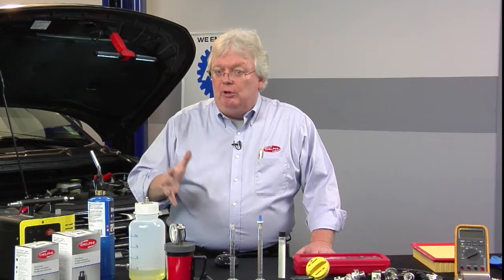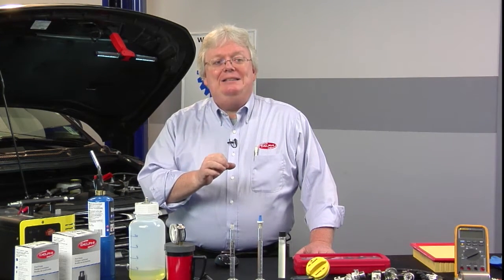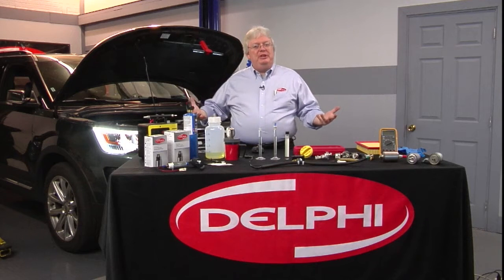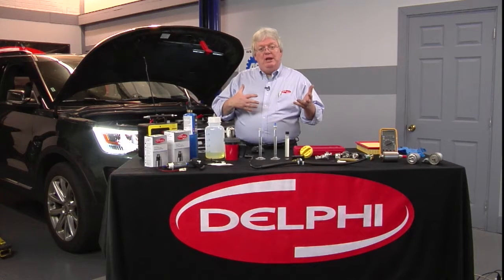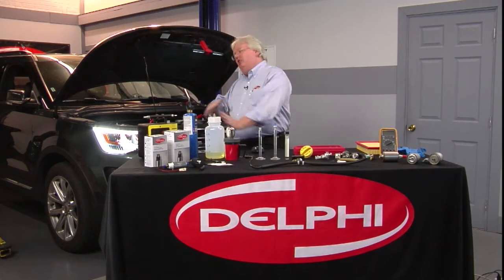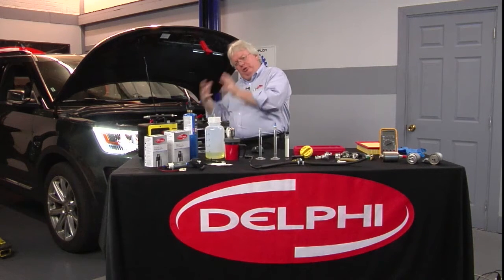Positive, negative, doesn't really matter because we're looking at the two together, 2 positive on our long-term and 1 negative on the long-term. That counters out, so our total fuel trim, 2 plus negative 1, would be about 1. So that's 1% of any kind of a multiplier to change our air-fuel ratio from what we originally destined the injector to spray to what the O2 sensor reports back in and says, hey, that was too much fuel or too little fuel.